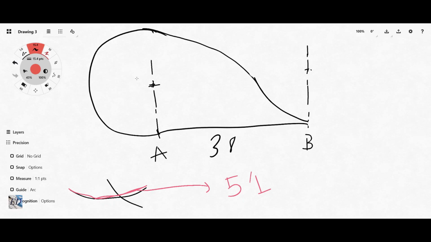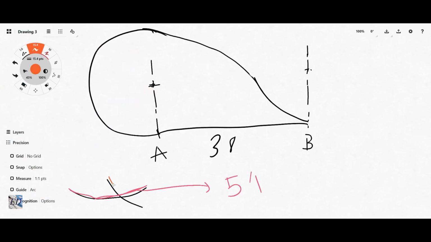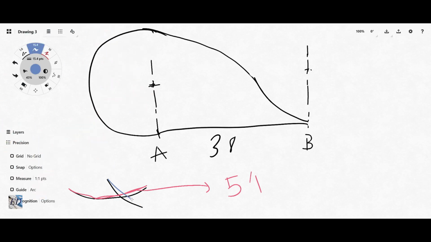So 38 minus 13 gives us 25 millimeters, right? And that is what we have here. Come on, it's the same color. I barely see the difference. Yes, that is the arc that we had here, a distance of 25 millimeters. So with these two arcs, you get the center for the third arc.